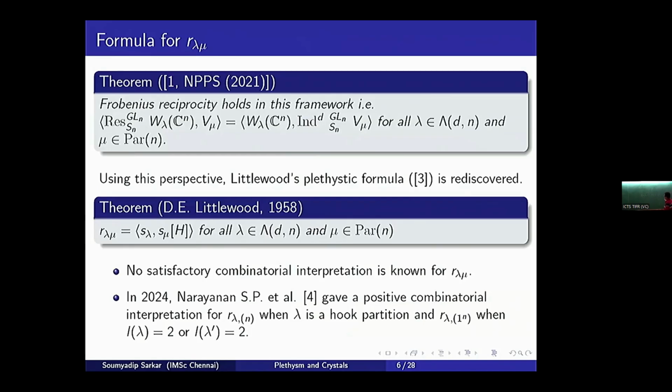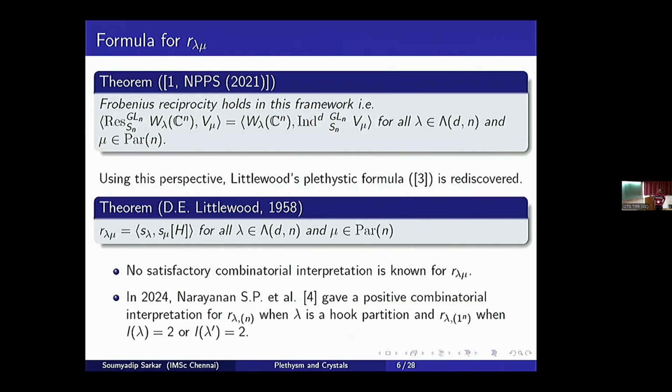This does not exactly lie in the ring of symmetric functions; it lies rather in the completion of symmetric functions. And Littlewood had this formula that R_lambda,mu is actually given by this plethysm. No satisfactory combinatorial interpretation is known for this.